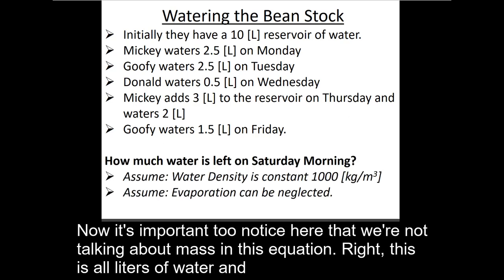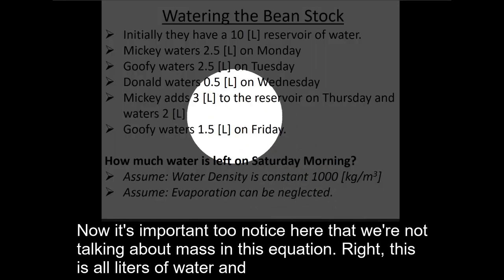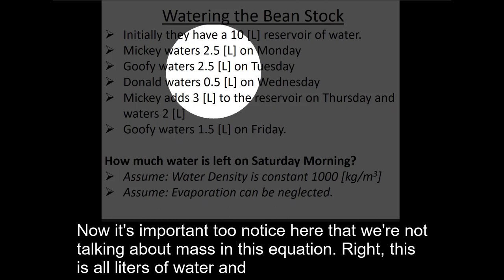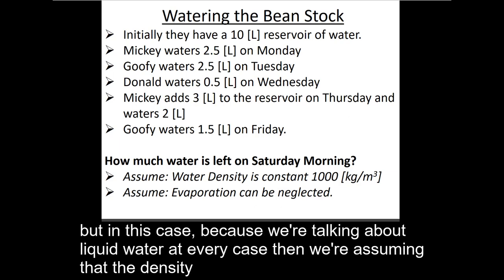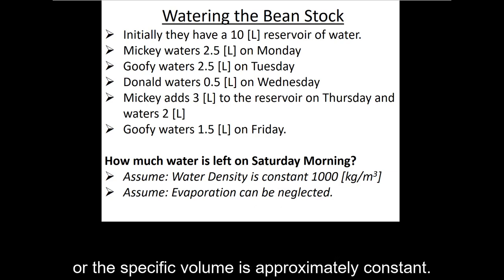Now, it's important to notice here that we're not talking about mass in this equation. This is all liters of water, and liters is a measure of volume. And there's no such thing as conservation of volume. But in this case, because we're talking about liquid water at every case, we're assuming that the density or the specific volume is approximately constant.